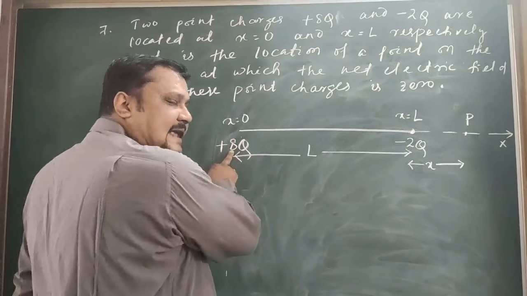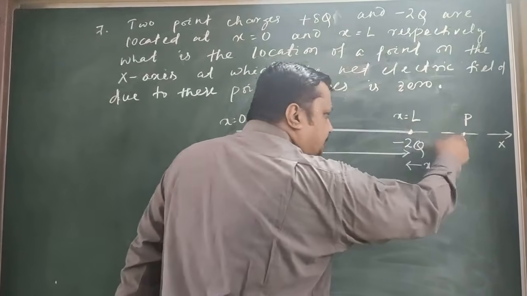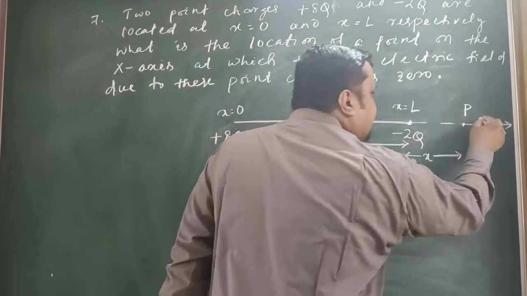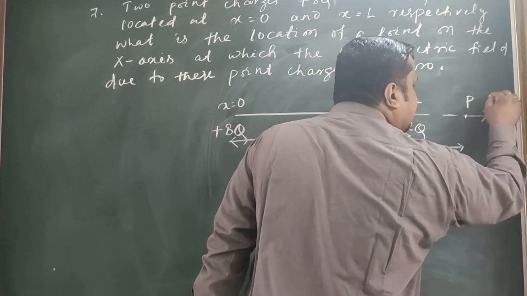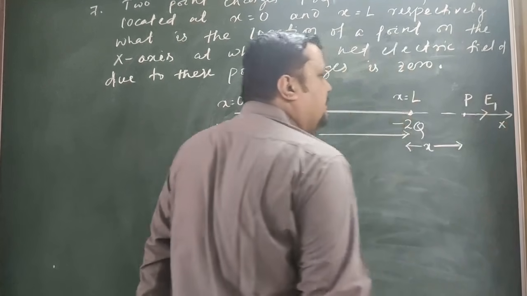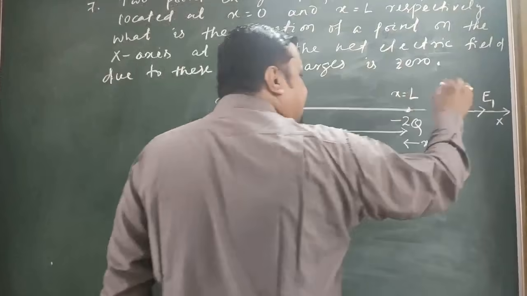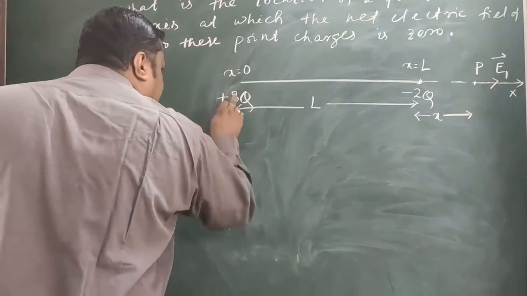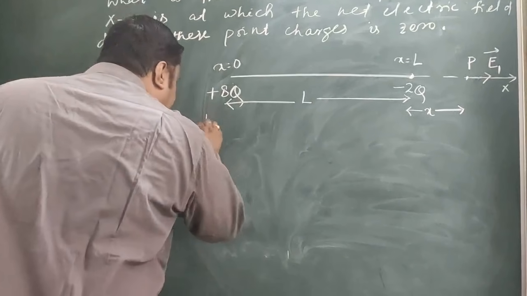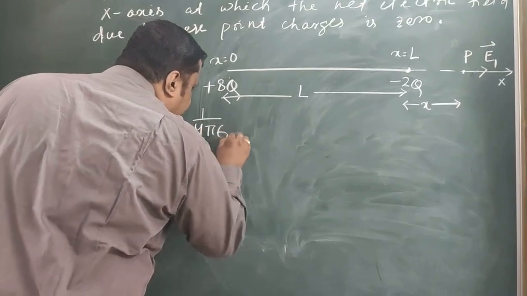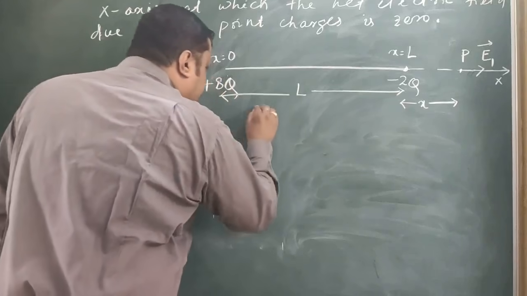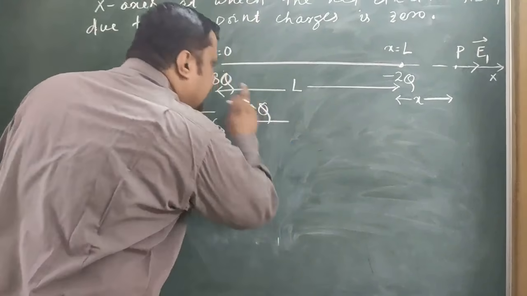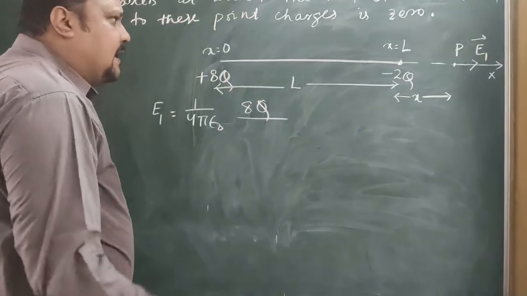Because of plus 8Q, at the point P, what will be the direction of electric field? Because of plus 8Q, this is the direction. Suppose E1. Then what is this E1? E1 is equal to plus 8Q, 1 by 4 pi epsilon naught, Q by R square. R is what?